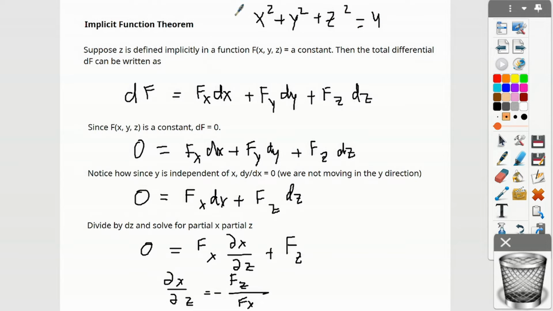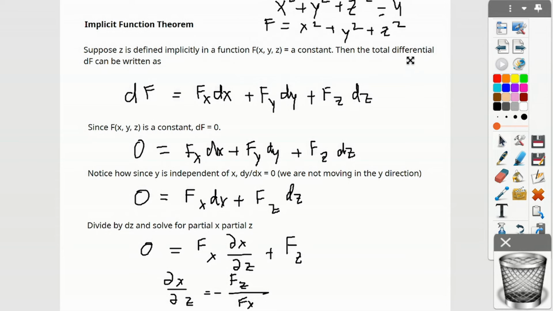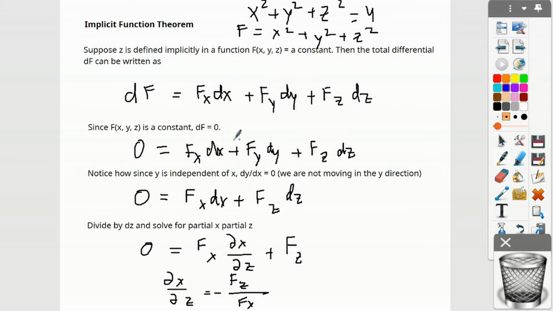We could say f is equal to x squared plus y squared plus z squared. So df is equal to 2x dx, 2y dy, 2z dz.